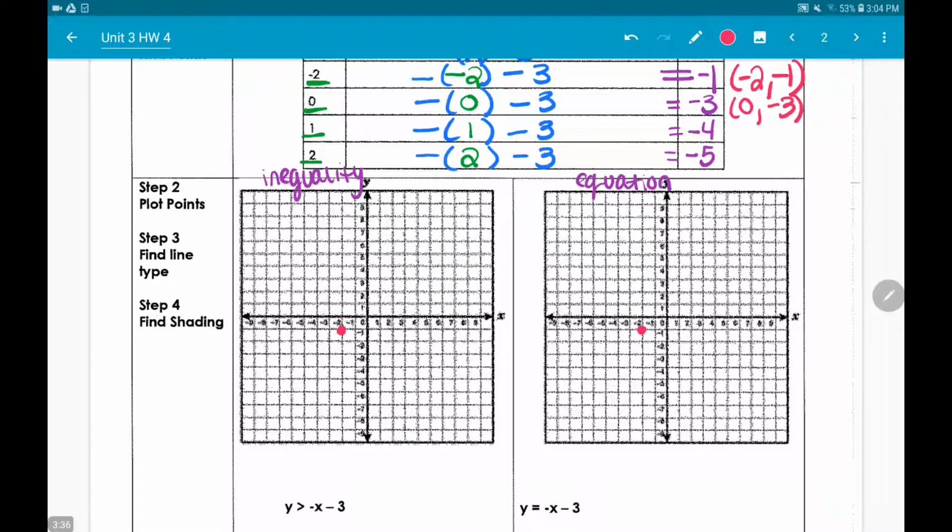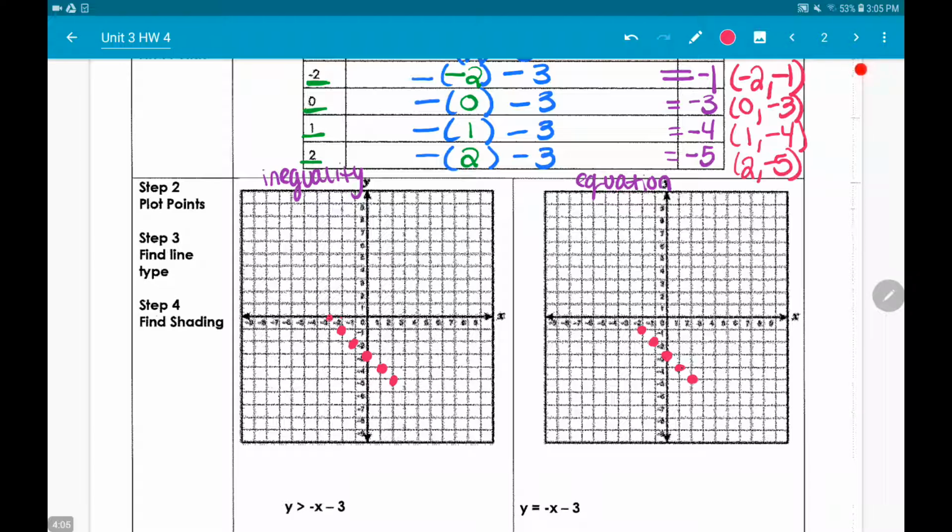The next coordinate is 0, negative 3. The next one is 1, negative 4. I'm going to fill in that blank one. And 2, negative 5. Okay, so that's the same for both of them.